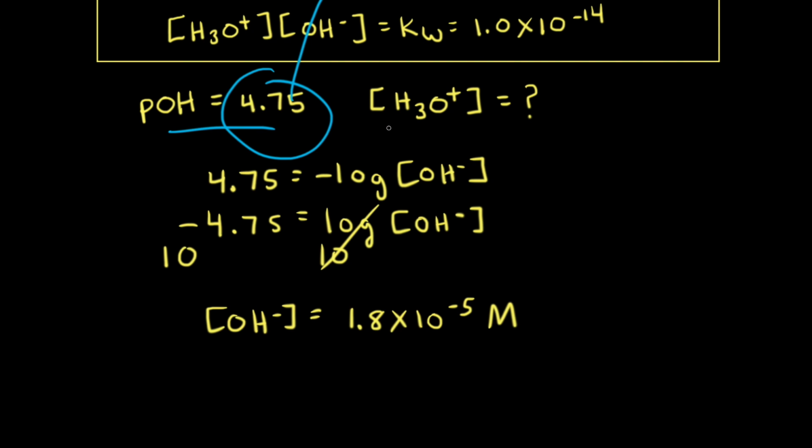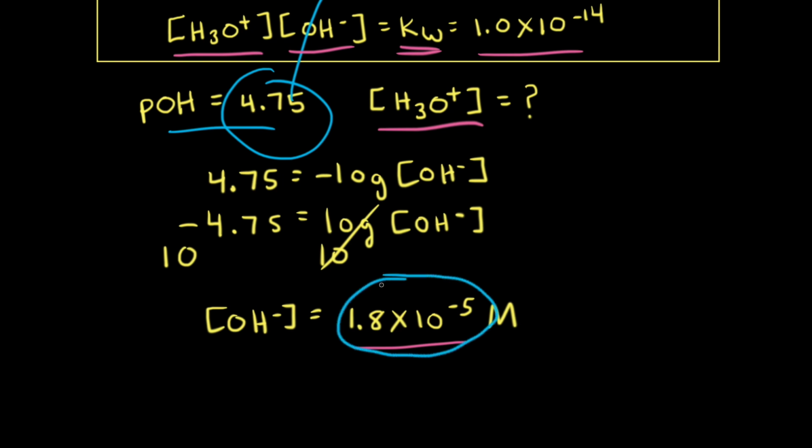So our goal is to find the concentration of hydronium ions in solution, and we have the concentration of hydroxide ions in solution, so we can use the Kw equation because the concentration of hydronium ions times the concentration of hydroxide ions is equal to Kw, which is equal to 1.0 times 10 to the negative 14th at 25 degrees Celsius. So we can plug in the concentration of hydroxide ions into our equation.